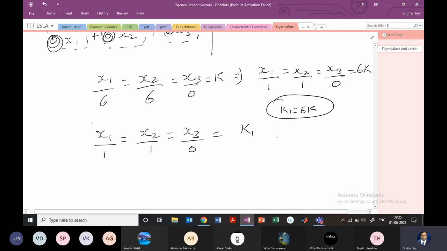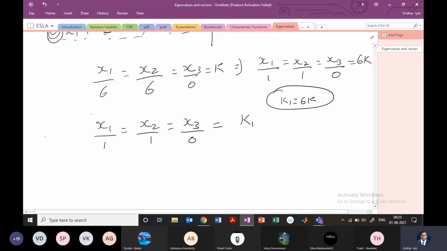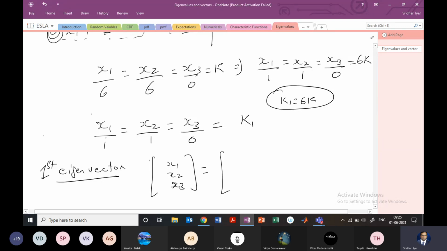Therefore, from here, I will get the first eigenvector, and this eigenvector is of the form x1, x2, x3, and now I have found the values. So x1 value is 1, x2 value is 1, and x3 value is 0.